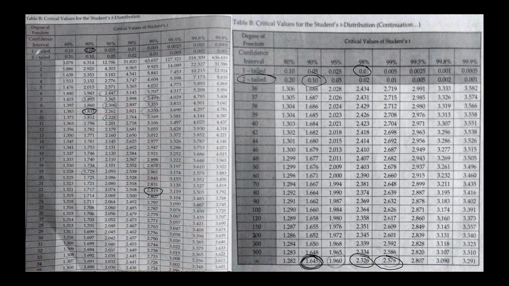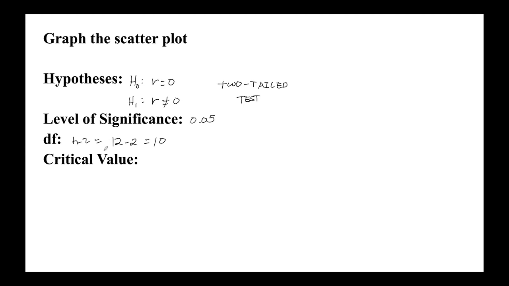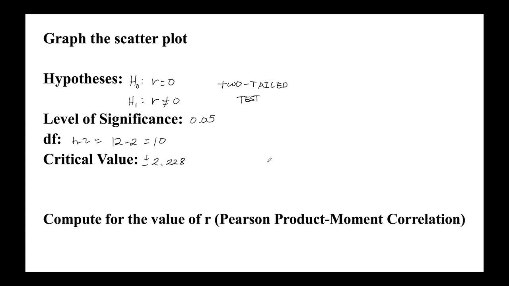Two-tailed, 0.05, here it is, and 10. Here, we have 2.228. And again, that is a two-tailed test, meaning to say, positive and negative ang ating magiging symbol. 2.228 critical value. Okay, so I hope that is clear with you.